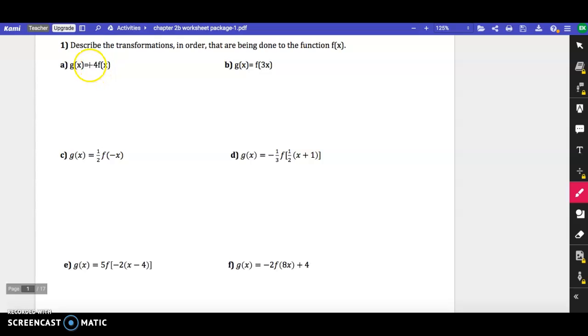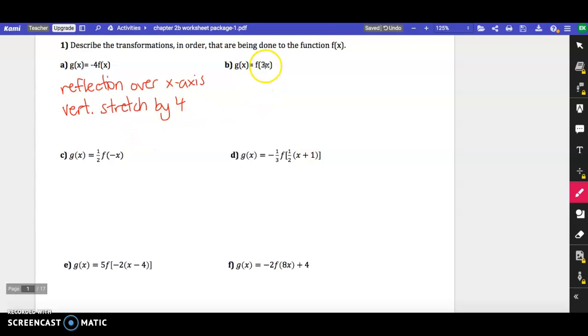So if we have this negative outside your function, and so is this 4, so this is a reflection over your x-axis, because remember, that's a vertical reflection, right? Vertical on the outside. And then also you have a vertical stretch by 4.